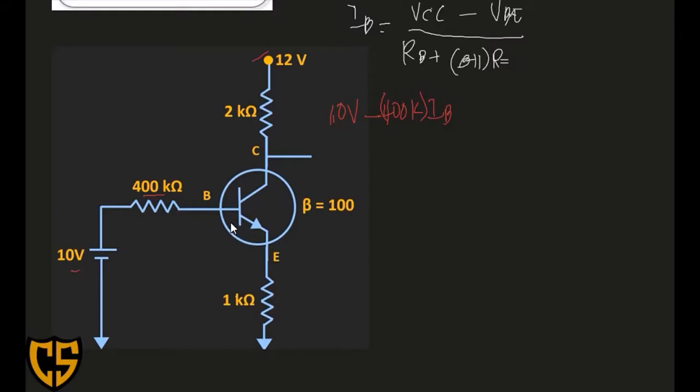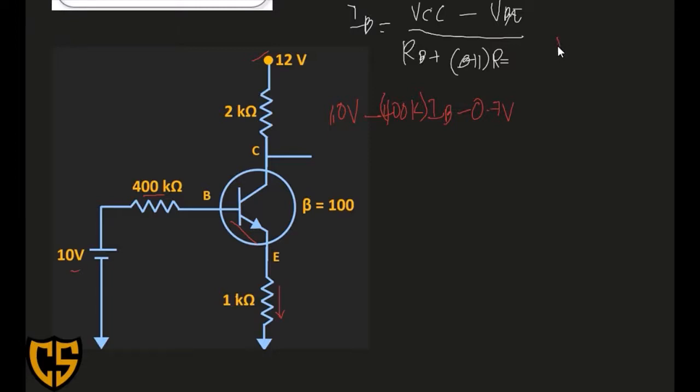So minus the voltage along the base and emitter, which is diode lang man, 0.7 volts. Then minus IE RE.